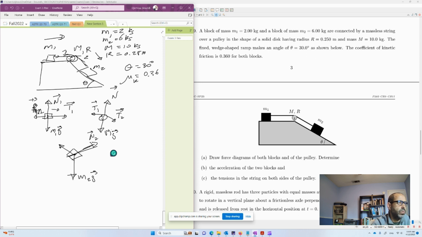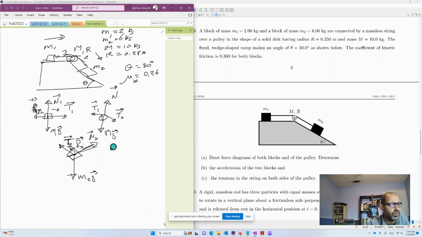And I have the tension, which is the same tension in magnitude as this T2. So I'm going to give it the same symbol. Granted, the direction is opposite to this T2, because the string is massless. And we have a force of friction also on it. So I'm going to call this one F2. So that's it. And the assumption is that it's moving down. So this is the answer to question 1.